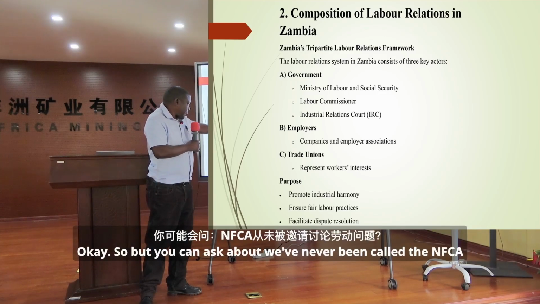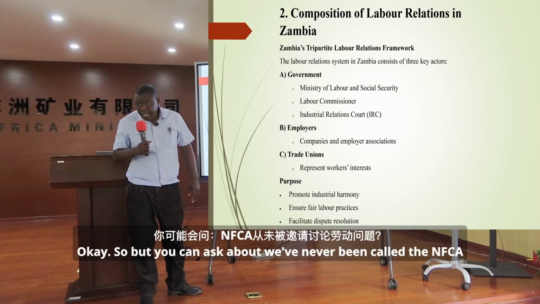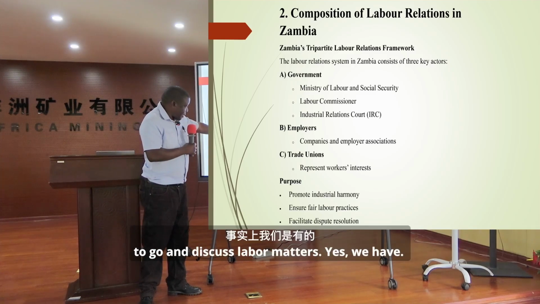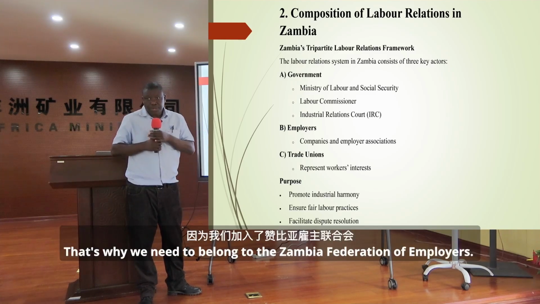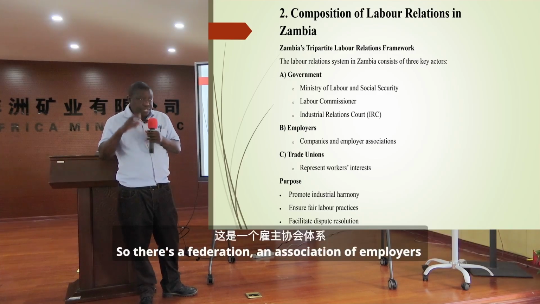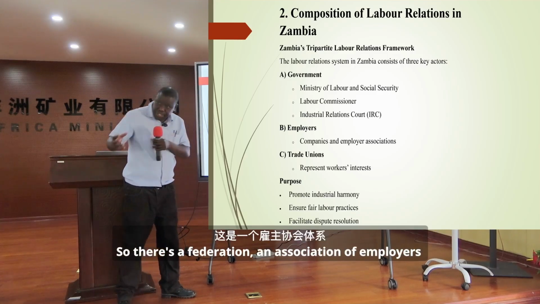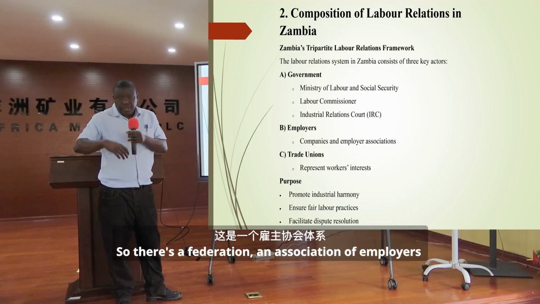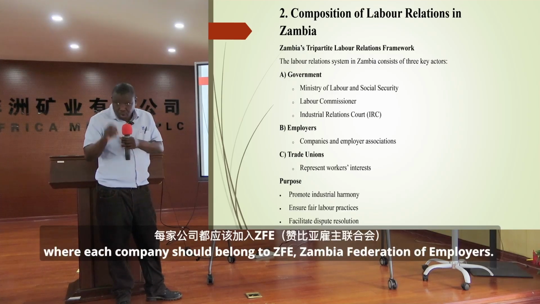You may ask, but we've never been called as NFCA to go and discuss labor matters. Yes, we have. That's why we need to belong to the Zambia Federation of Employers, ZFE, an association of employers which each company should belong to.